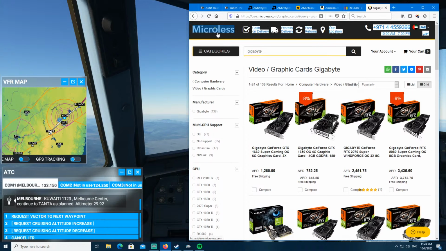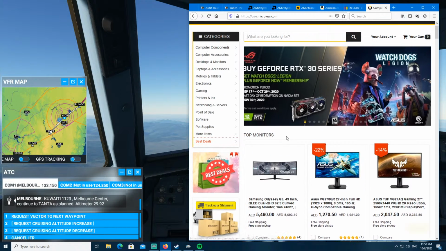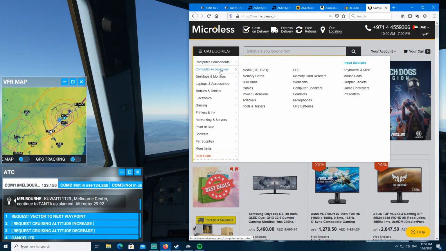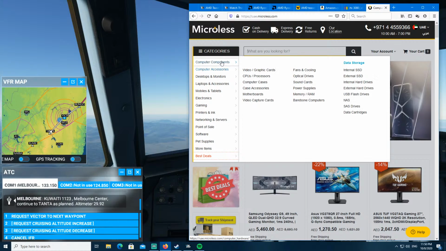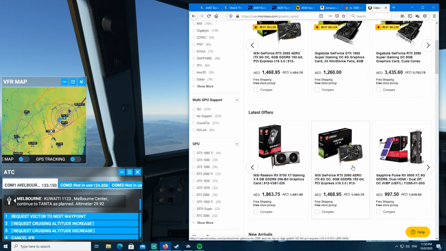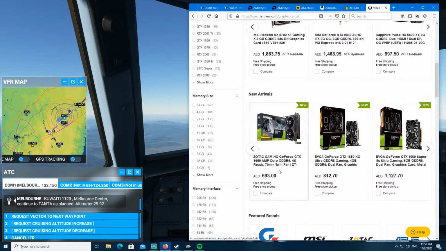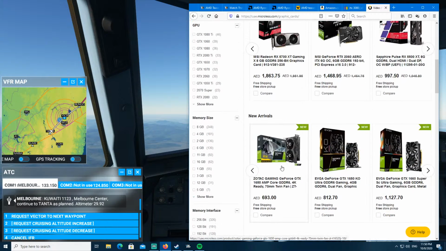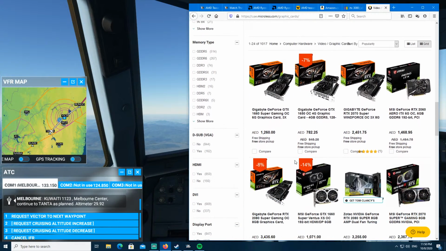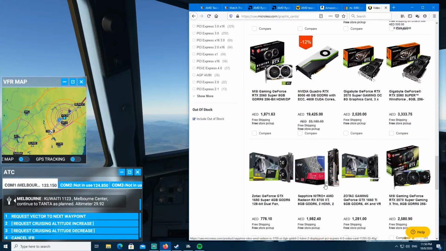Let me just go to the home page, and let's say I want a graphic card: components, media cards, and you won't find any 3080s. Only 2080s and the 5500 XT, old GPUs. You will find plenty of those, and some of them on sale, like 40%. Not much of a sale, because GPUs are the most expensive part of a computer.